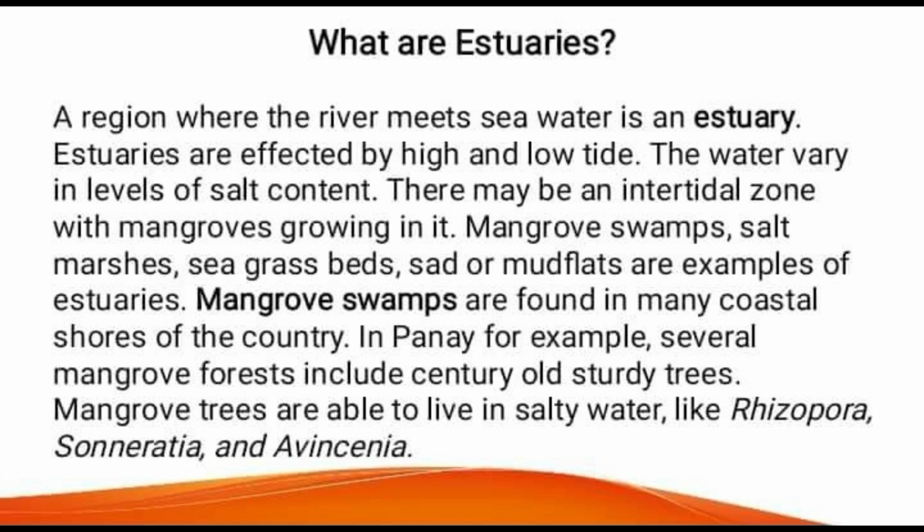The mangrove swamps are found in many coastal shores of the country. In Panay, for example, several mangrove forests include century-old sturdy trees. Mangrove trees are able to live in salty water, like Rhizophora, Avicennia, and Sonneratia.